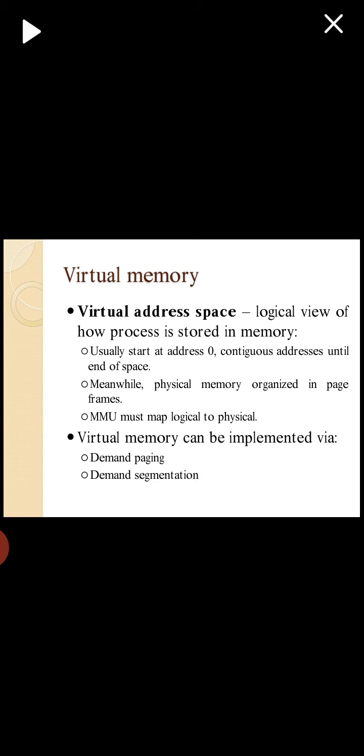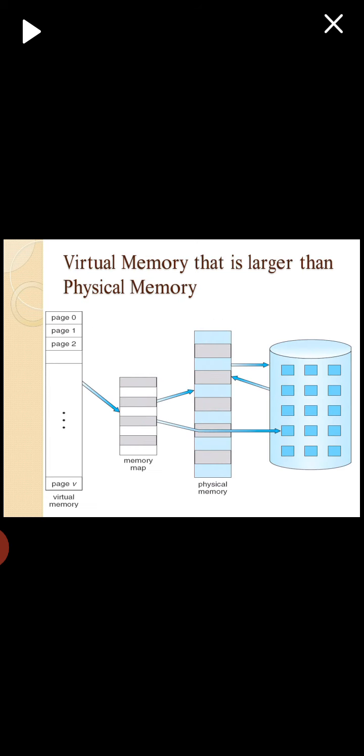Virtual memory can be implemented by demand paging or demand segmentation. This shows virtual memory that is larger than physical memory, which consists of virtual memory, memory map, physical memory, and finally the backing store.